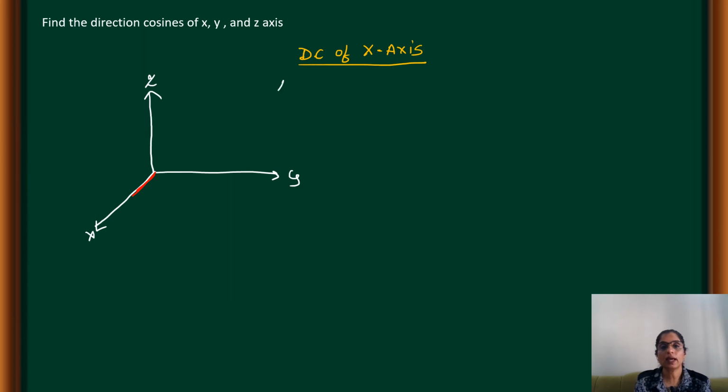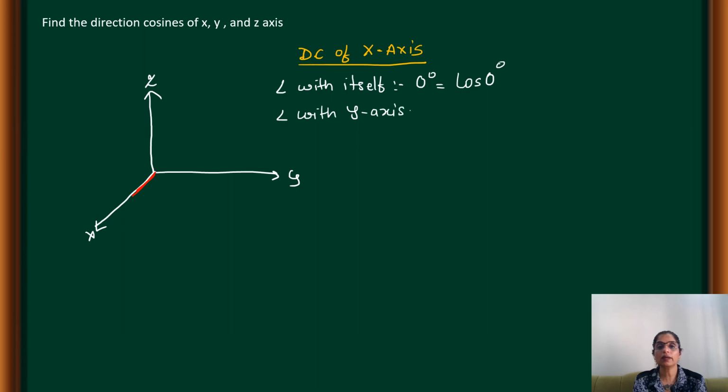So let us write down the angle with x-axis, which is 0 degree. So we know we have to look for cos 0, correct? Then it will make an angle with the y-axis of 90 degrees, so this will be cos 90.